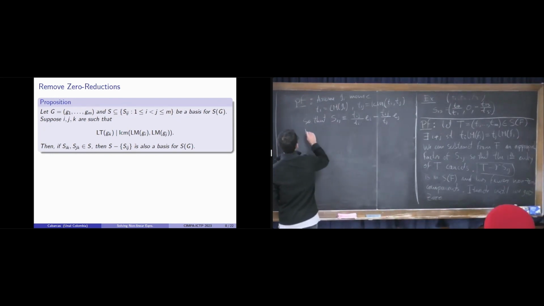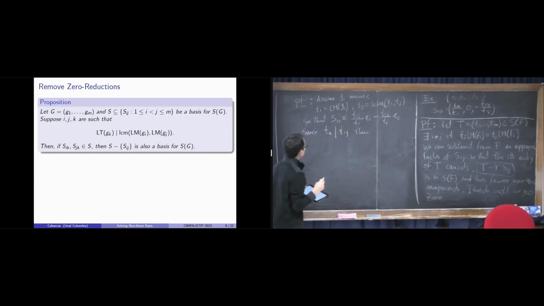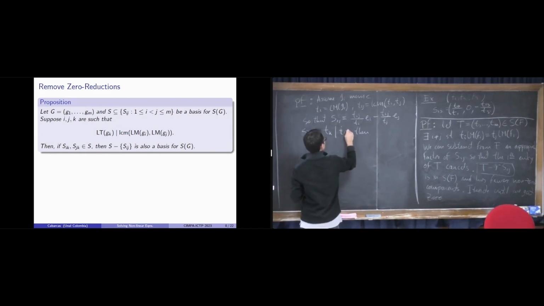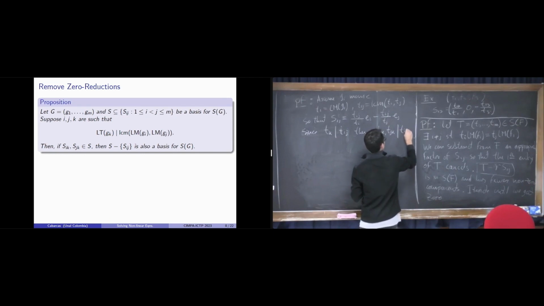Now, note, since we are assuming that the leading term of Gk divides the least common multiple of Gi and Gj, then we know that Tik and Tjk both divide Tij, right?